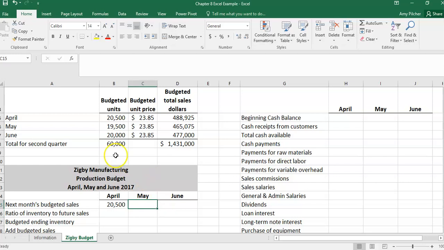It's very important to get into the practice of using formulas to fill your cells instead of typing in information. One of the reasons is that when we make changes to this budget, if I change the number of units sold or the budgeted unit price, it will change every piece of information within the budget if I've created the formulas.